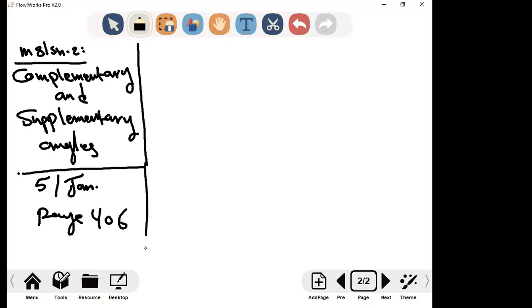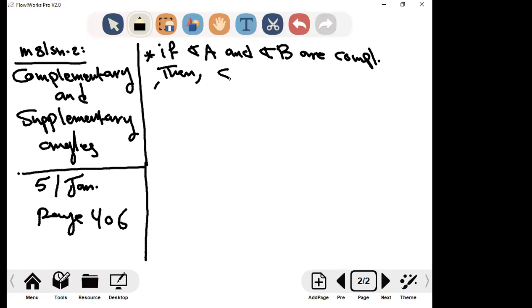Now, yesterday we had two definitions. The first one about the complementary and the second one about what? The supplementary. Let's remember them together. So if angle A and angle B are complementary, then angle A plus angle B equals what? 90 degrees, right?